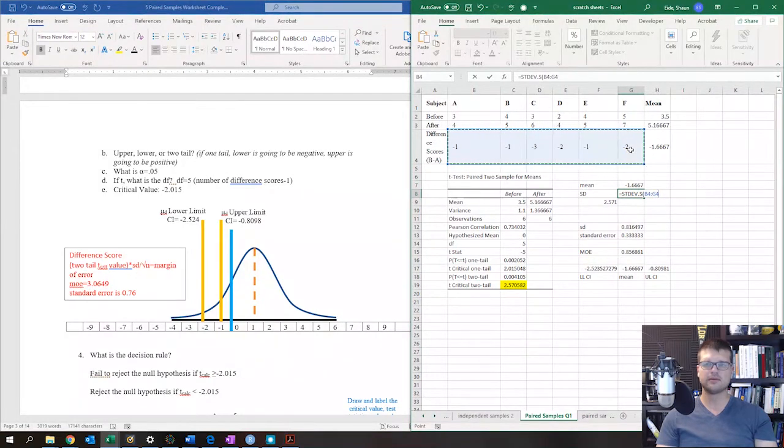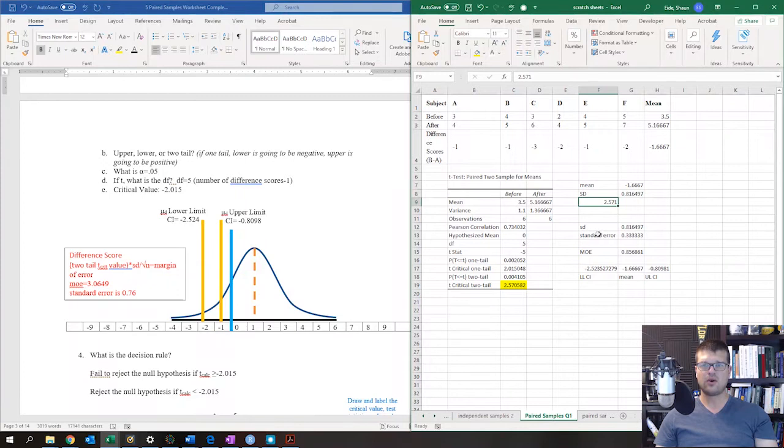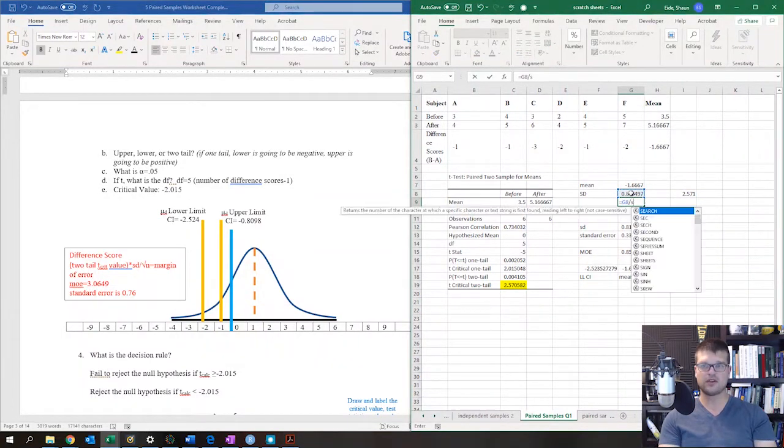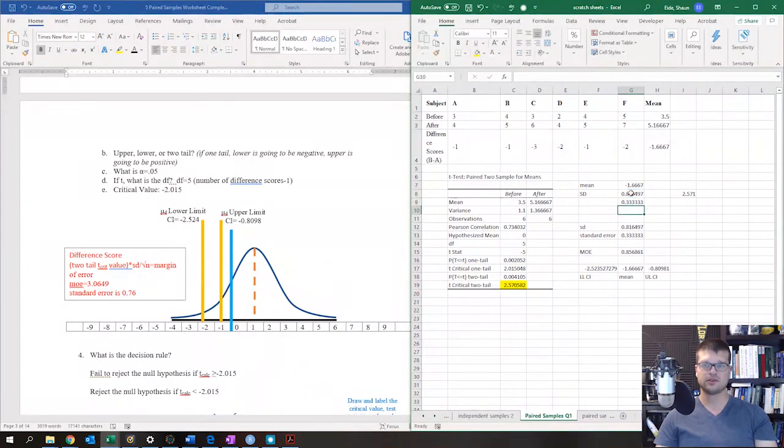Now that we've got the standard deviation and the mean, we can calculate the standard error. The standard error equals the standard deviation divided by the square root of the number in the sample, which is 6. So this right here is the standard error, which I already calculated down below.